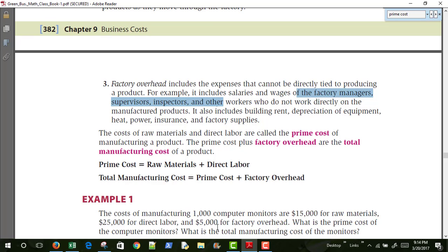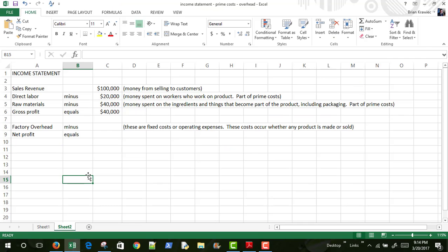I'm going to jump over to Excel and we're going to go through some numbers real quick. So let's take, for example, this income statement, which we worked a little bit at the beginning of the trimester. This is going to incorporate all these things, and I hope to paint you a slightly bigger picture of how prime costs, total manufacturing costs and overhead fit into what we call the income statement.